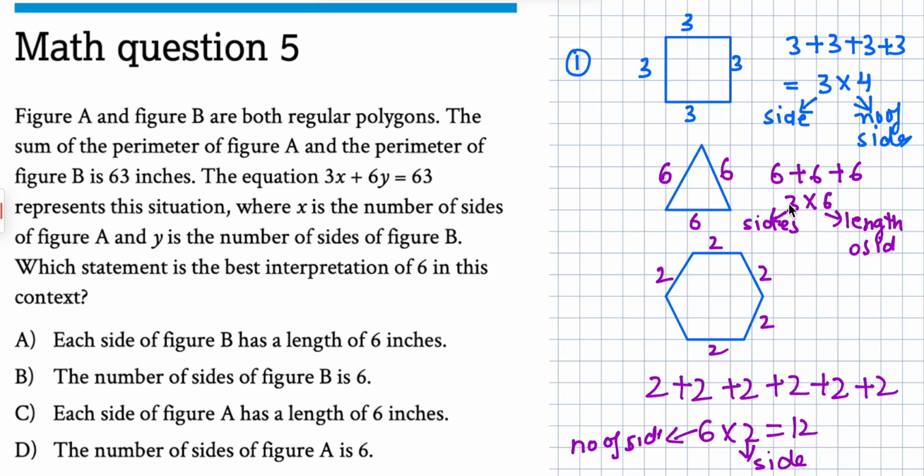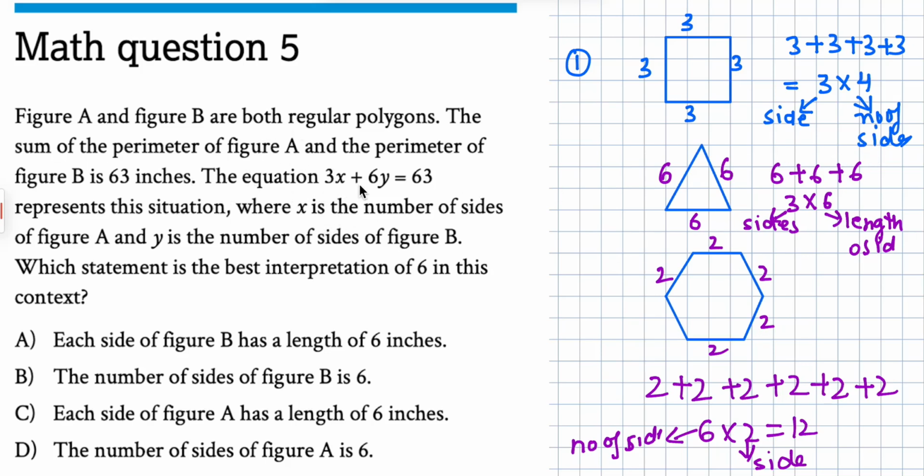Here also 3 times 6, so 3 is the number of sides and 6 is the length of one side. 3 times 4, so 4 is the number of sides and 3 is the length of a side. So whenever you write the perimeter, you will end up with a product, where one factor is the side and the other is the number of sides. If you get this concept, now let's come back to the question.